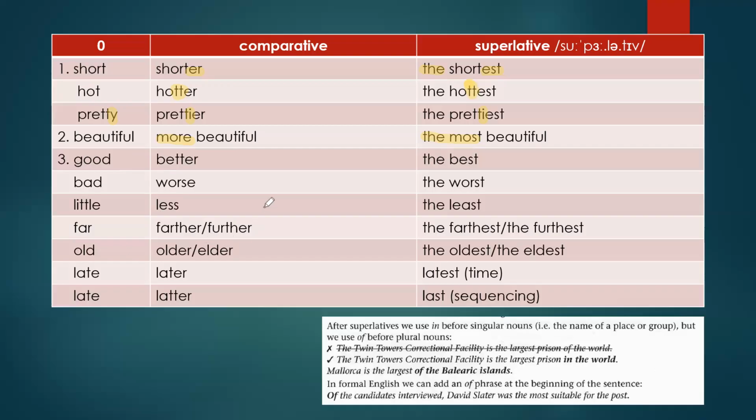The question is, what is far and what is the difference between farther and further? The main difference here is we use farther with a only when we speak about distance.